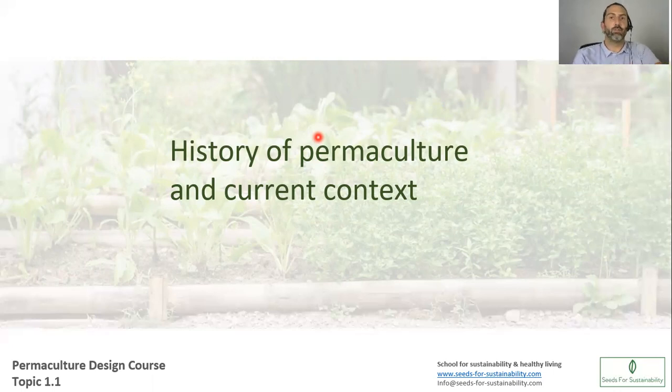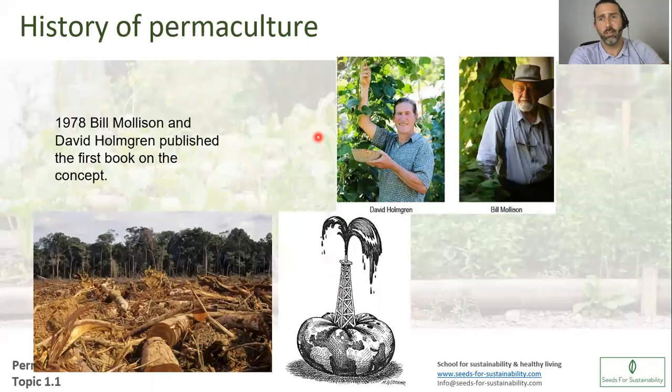So now we would like to give you a little introduction into the history of permaculture and look at the context where permaculture was founded, and now look at the current situation. Here you see the two famous guys from Australia. One is David Holmgren and one is Bill Mollison.